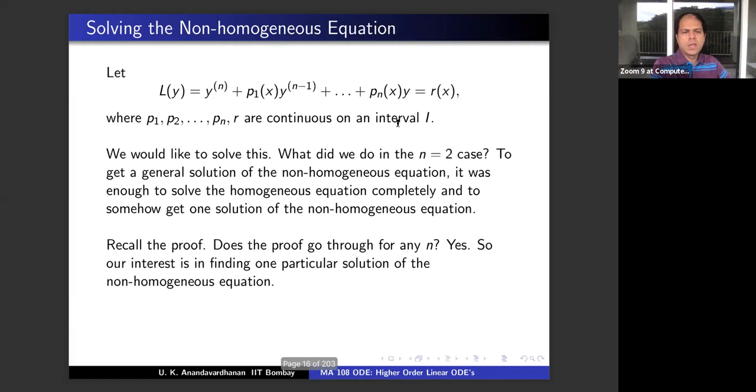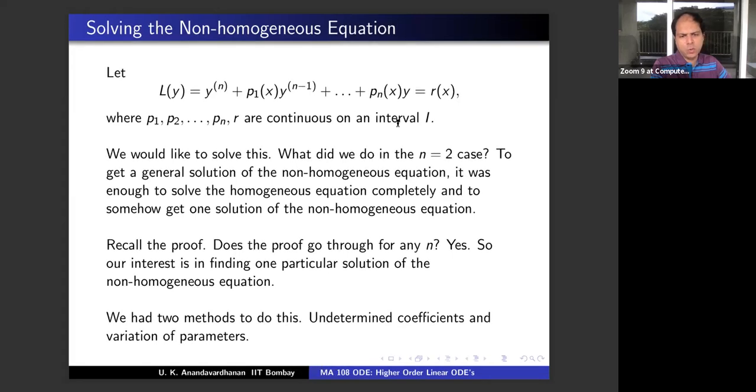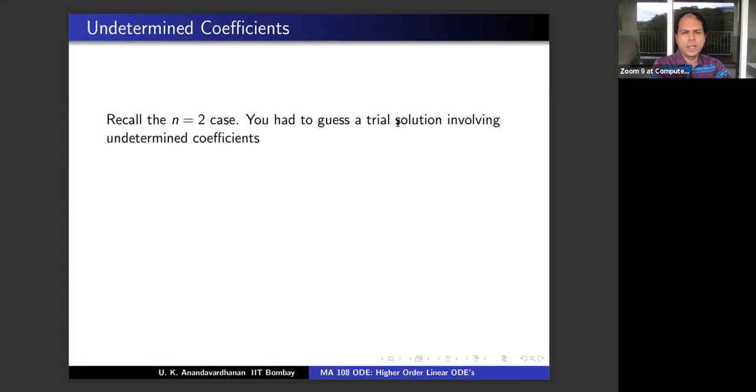So our interest is in finding one particular solution. We had two methods to do this: undetermined coefficients and variation of parameters. For n equal to 2, you have already done this. Let's do the same thing for n. In undetermined coefficients, you guess a trial solution involving undetermined coefficients, and then you determine those coefficients.